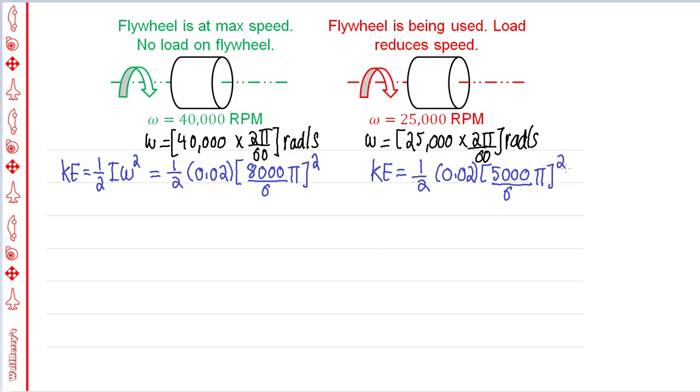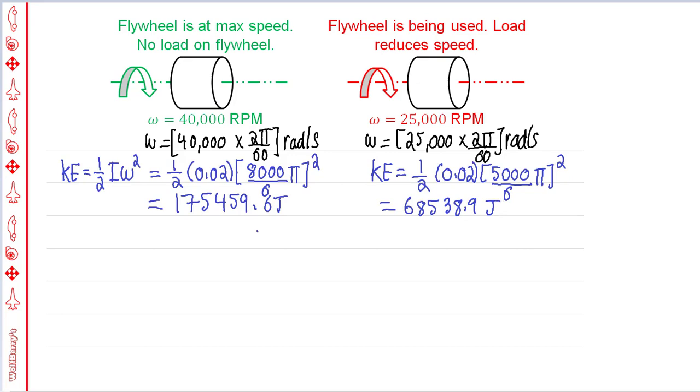Now, the kinetic energy before is equal to 175459.6 joules. And the kinetic energy after is equal to 68538.9 joules.